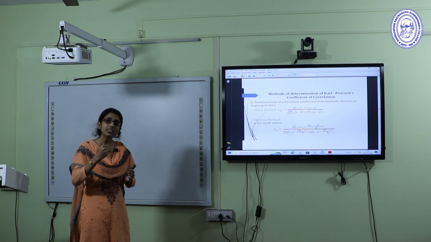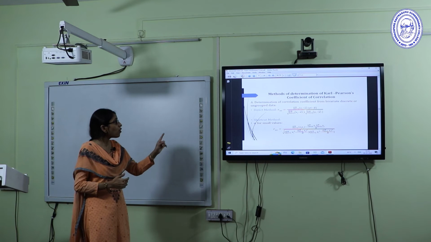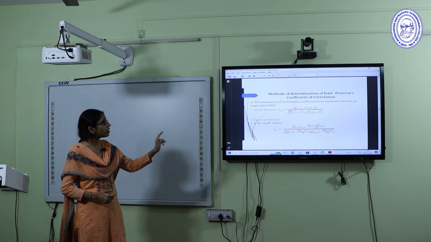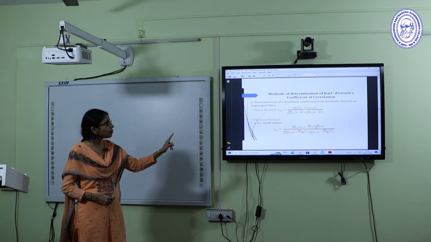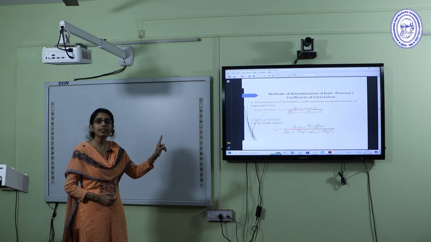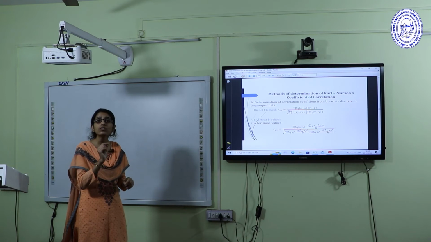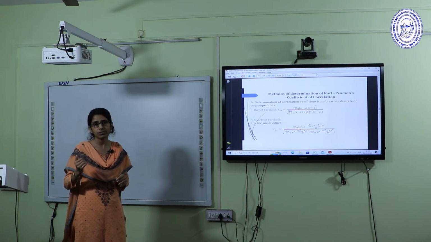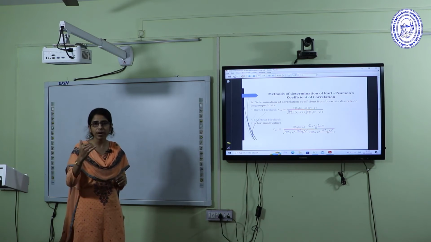So for these different criteria, for small values, the shortcut method will be Rxy equals summation xi yi minus summation xi into summation yi divided by n. Here n denotes the number of observations, that is 1 to 20 or 1 to 2000, like that.